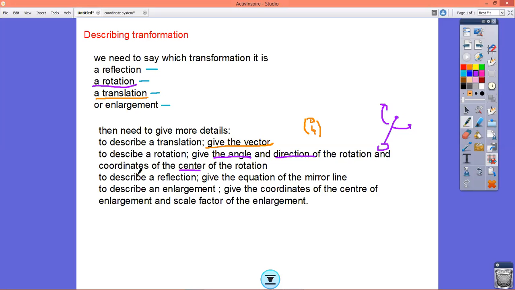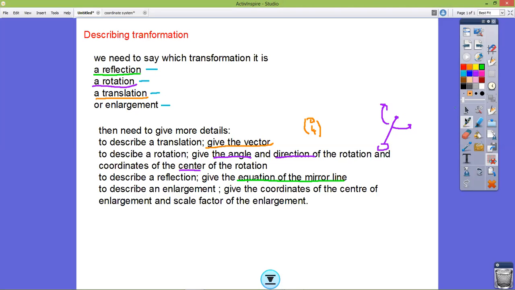Now the next one is the reflection. Which details do we need to give? Give the equation of the mirror line. We should find the equation of the mirror line.